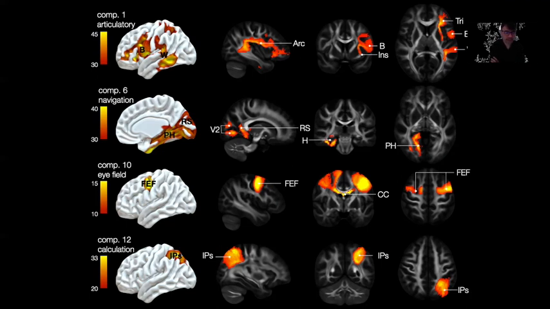Finally, you have component number 12, which correlated with calculation. And you can see here that the component is a single region with its subjacent white matter.